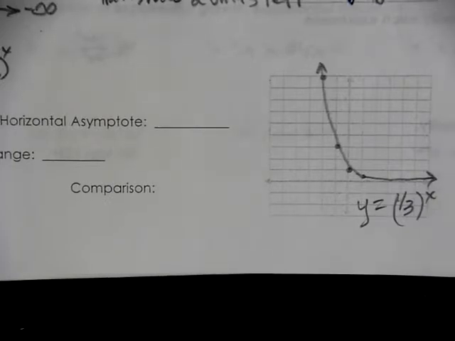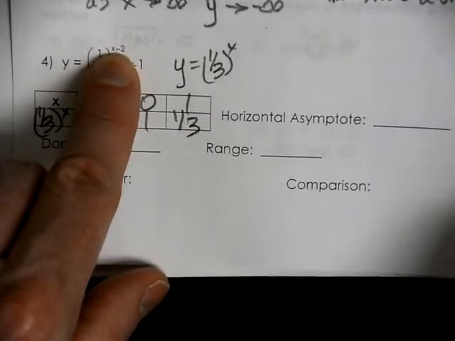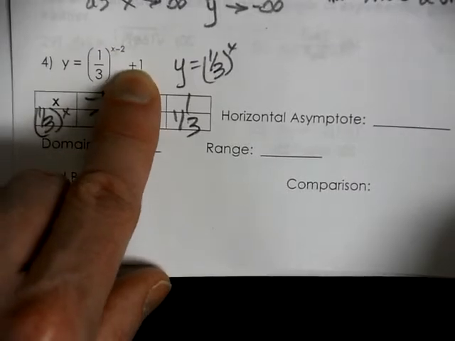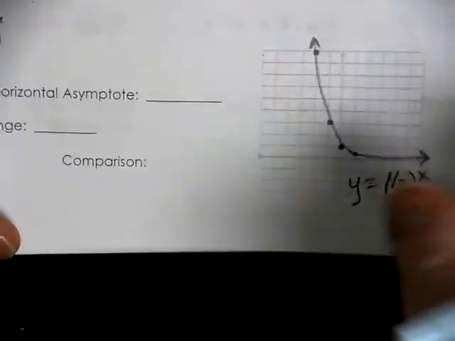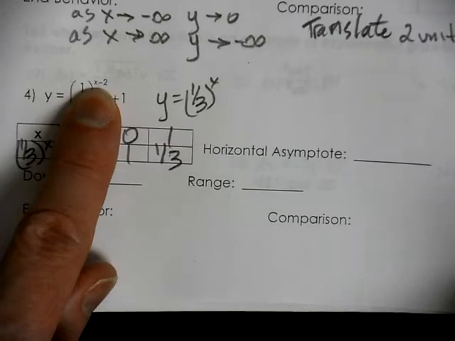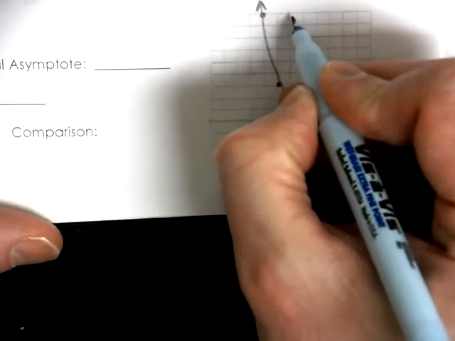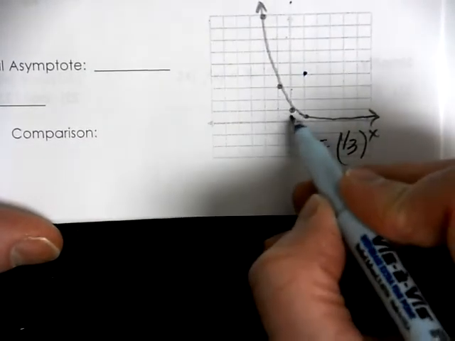Now we're going to take every one of those and we're going to translate it 2 to the left and 1 up. I said that backwards though. That's 2 to the right because it's a negative. It's 2 to the right and 1 up. So we go 2 to the right and 1 up, 2 to the right and 1 up.